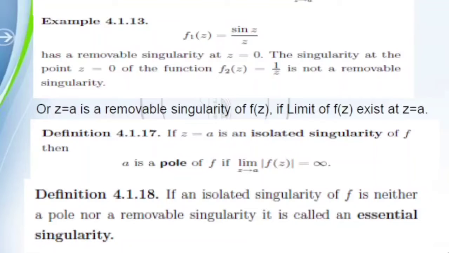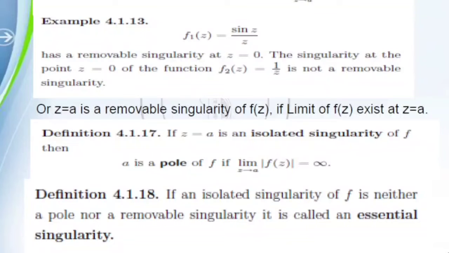In the numerator also, when z equal to 0, the function becomes 0, a 0 by 0 form. When we expand sin z in a power series, we find that there is no coefficient term for 1 by z, no terms including 1 by z. So z equal to 0 is a removable singularity for this function.